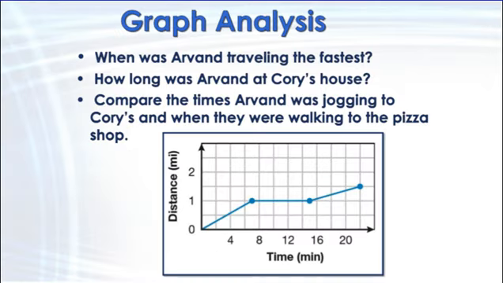So let's take a look at an example here. We're going to analyze this graph here. When was Arvind traveling the fastest? Here we're looking at the graph, and we want to find the steepest parts of the graph. And so we will want to find the rate of change. And so we have at the beginning and at the end.